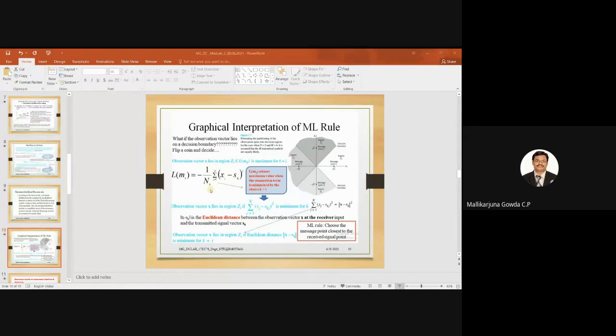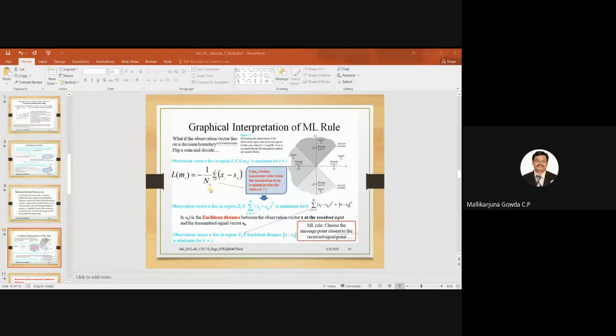I discussed this when I was discussing how the signal vector and its length are computed. So the summation is equal to the square of the norm of the difference between the received signal vector and the transmitted signal, that is sk. This is the Euclidean distance between the observation vector x at the receiver input and the transmitted signal vector sk. So this we know.